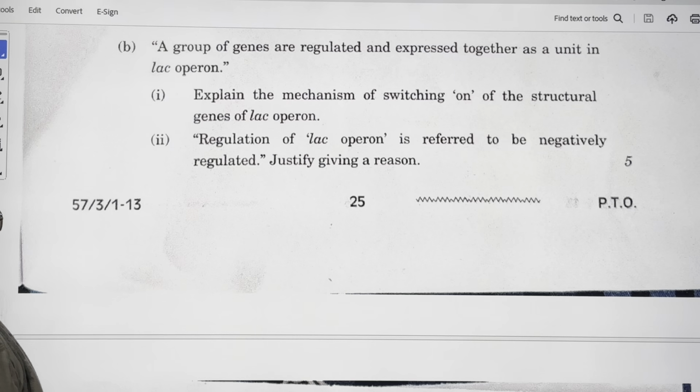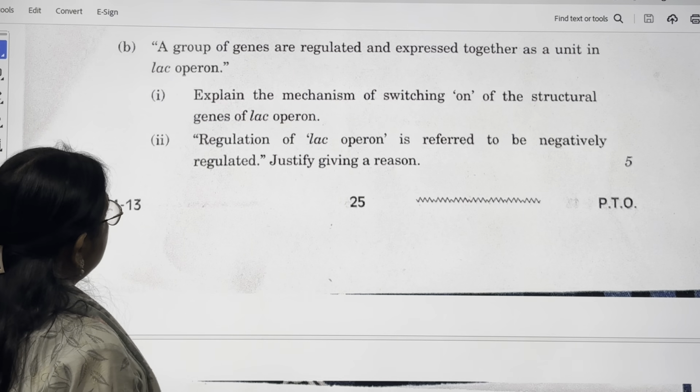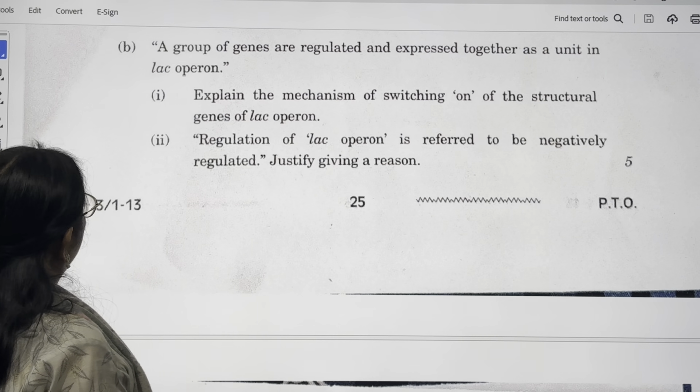Now the B part: a group of genes are regulated and expressed together as a unit in lac operon.